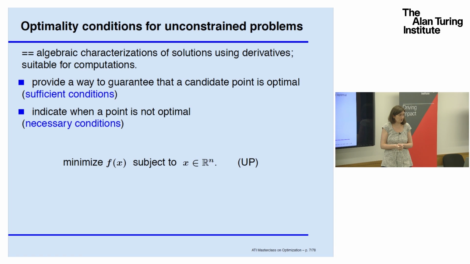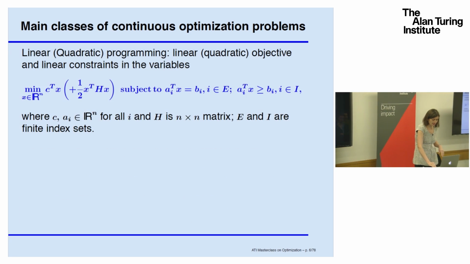That's the first question I'm going to ask. Can I have an algebraic characterization? Can I have a relation to derivatives or some other kind of algebraic characterization that allows me to use that in algorithm design? If I have derivatives. So for the first part, assume that we have at least first derivatives.